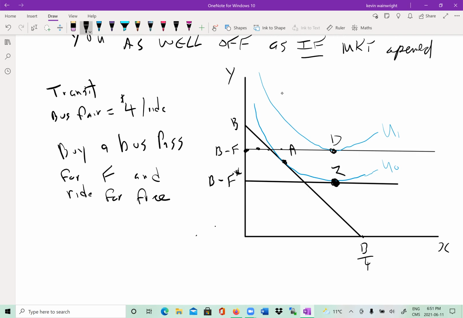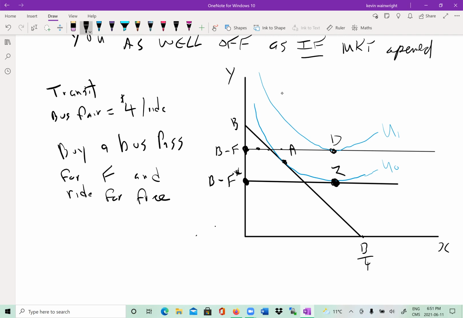Now, if you buy the bus pass and never get on the bus, then you are at this point, or this point, depending on which bus pass you buy. And you can have that much Y. And if you want to have X's or bus rides, you can just jump on the bus with your pass and you don't have to give up any more Ys.